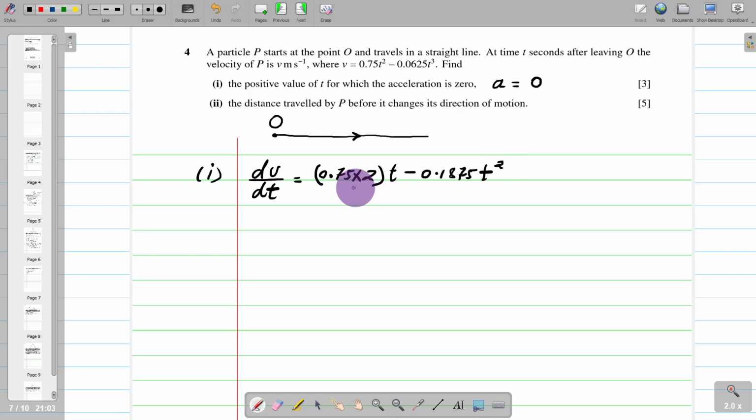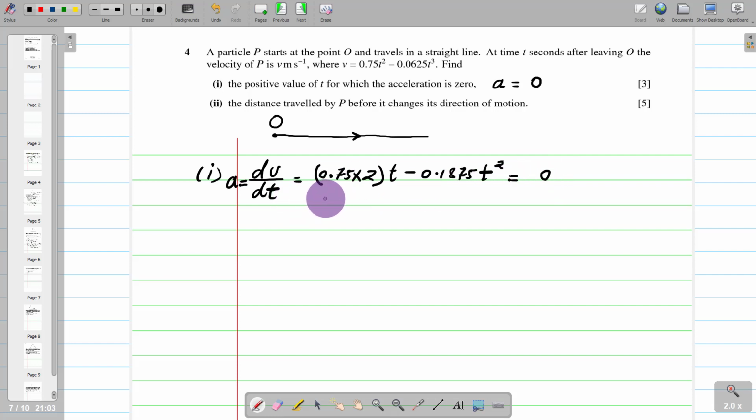I hope you're familiar with this simple differentiation. And then once we get this, because this one is going to give us the acceleration, we equate that to 0.